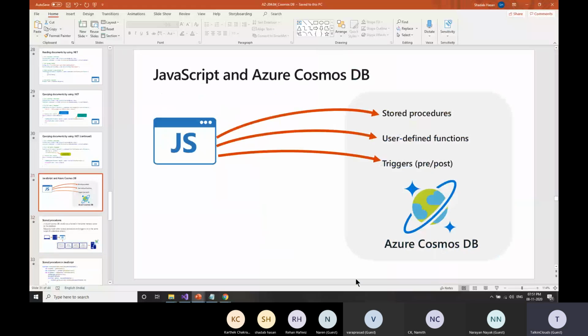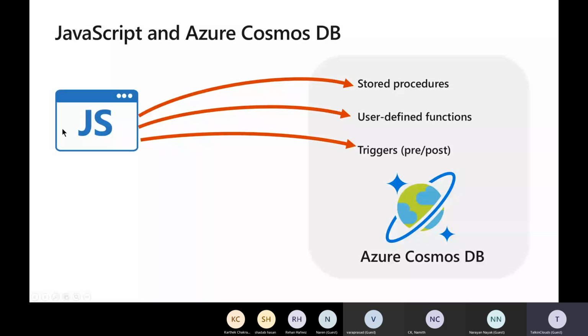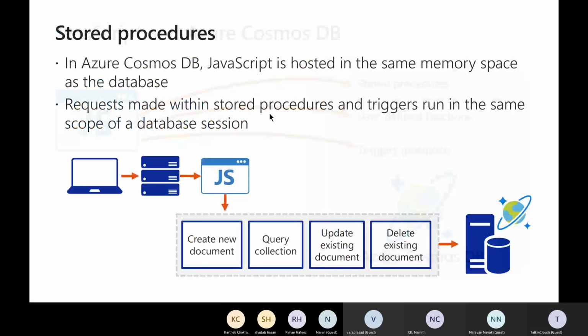Again, here we say JavaScript and Azure Cosmos DB. I already told you that you can write the code in JavaScript and save it as a stored procedure or user defined function. You can create those things here. Again, it's showing a stored procedure for Cosmos DB, JavaScript hosted in memory.